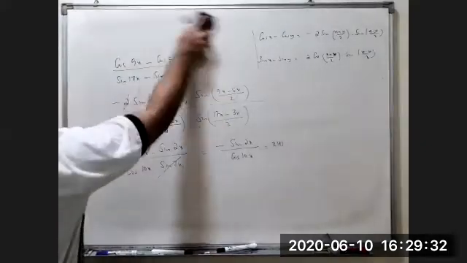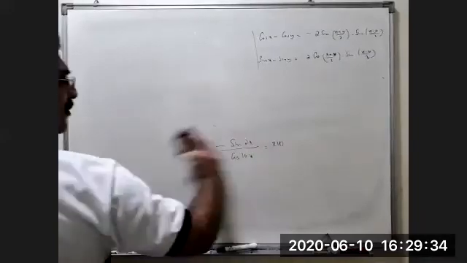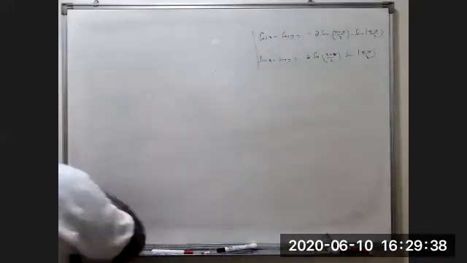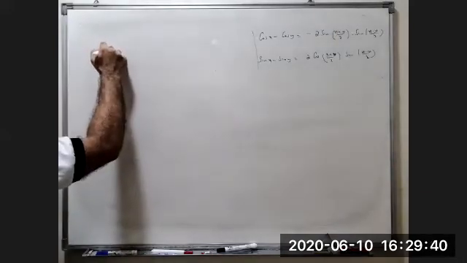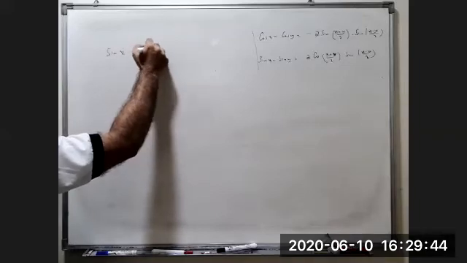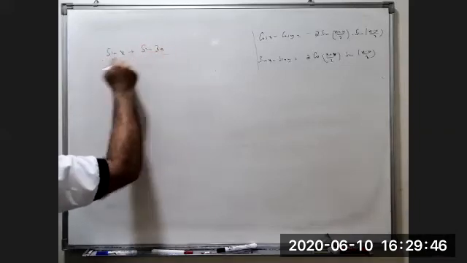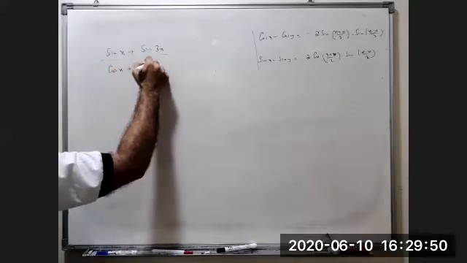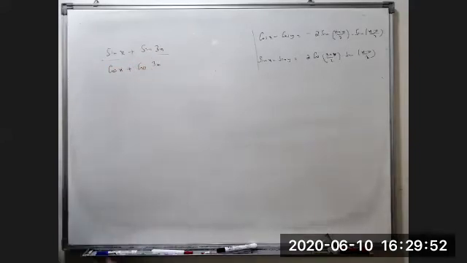See, the 19th one, I will give you one tip. Again, even if you are not using that tip, you can do it. Here: sin x plus sin 3x by cos x plus cos 3x. This is LHS.